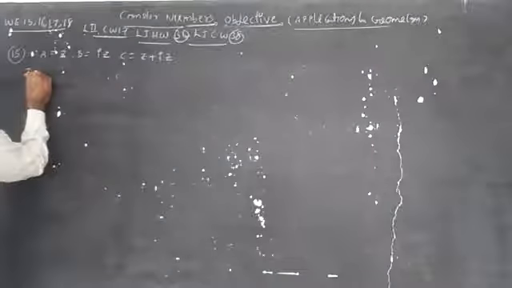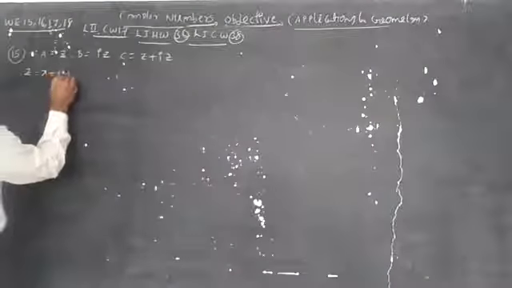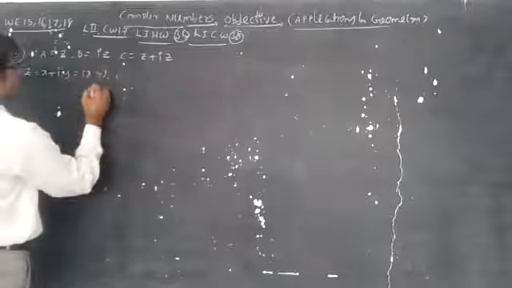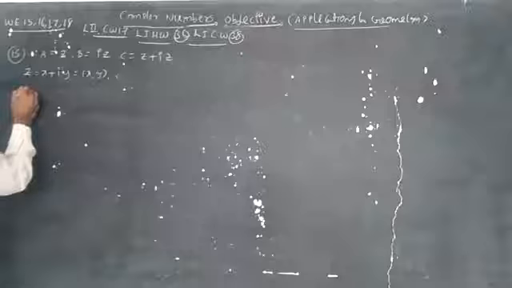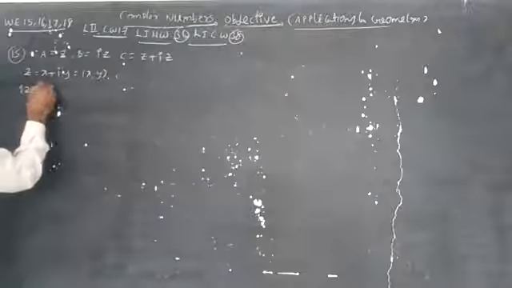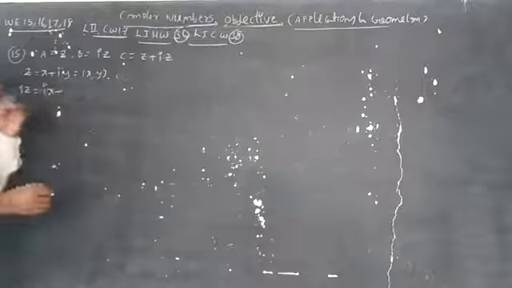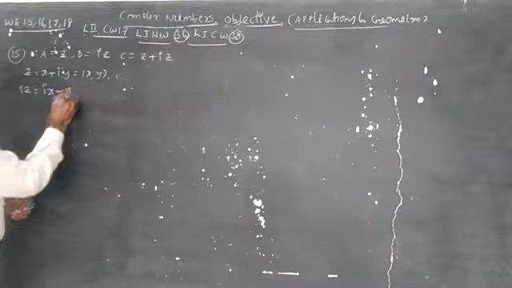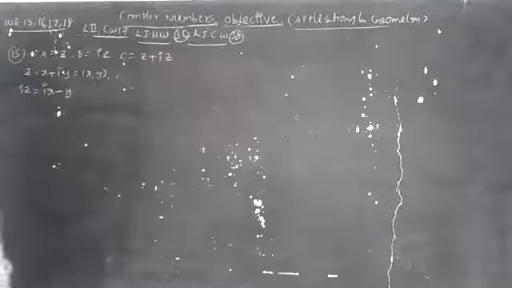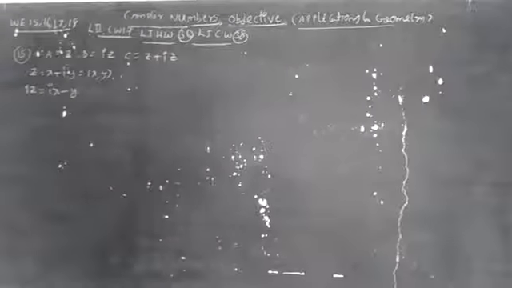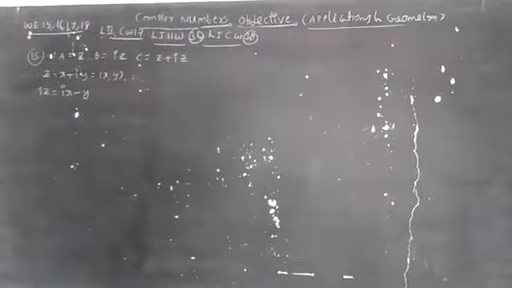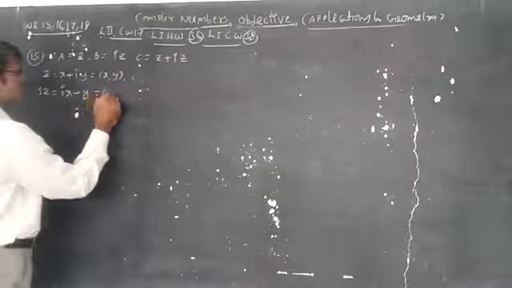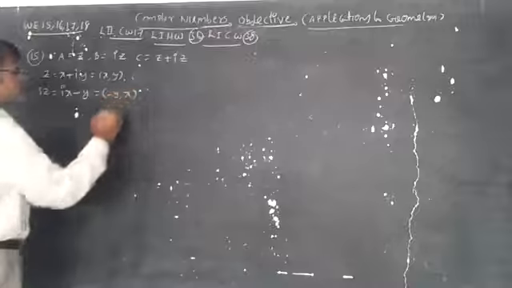Here z means x plus iy, which you can indicate within brackets as x comma y. Iz is equal to ix plus i square y, and i square becomes minus 1, so it is minus y. Iz can be written as minus y comma x.